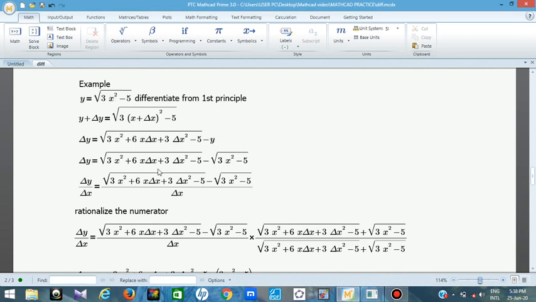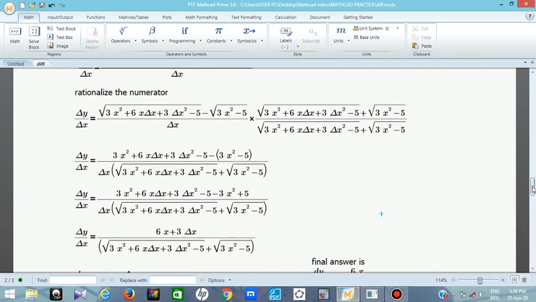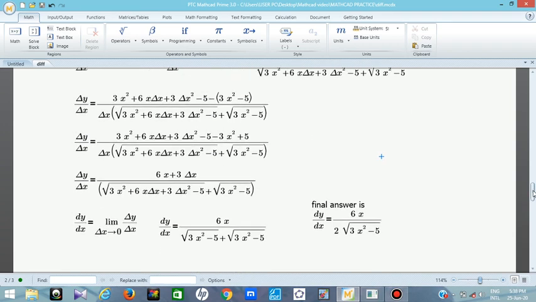Then if you have a square root, the next thing is to divide by delta x. Then when you get to this stage, you rationalize the numerator. And after rationalizing the numerator, you solve it well. Just follow your basic mathematics rules in calculation. You can see that's what I did to get my answer. So take note of that.